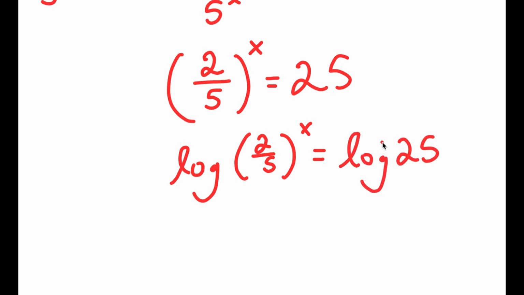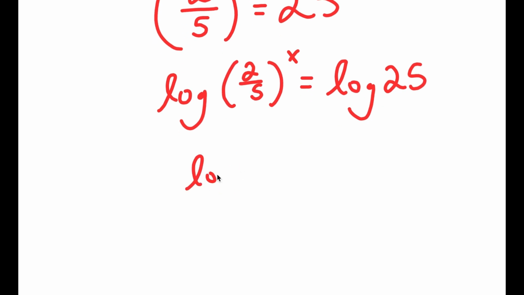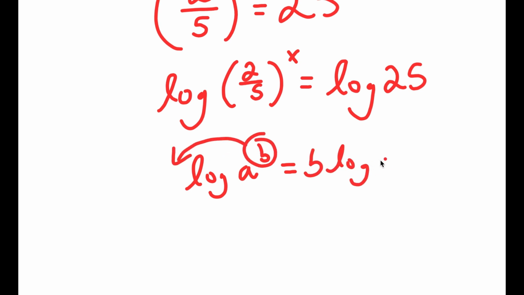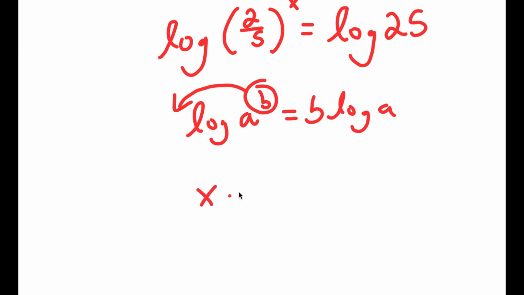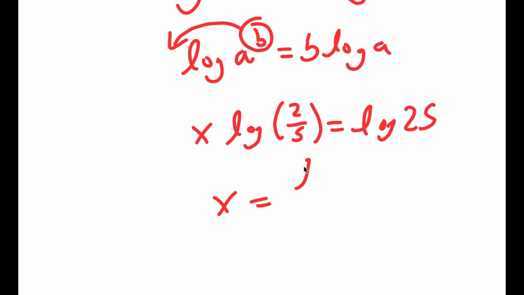And the reason I did this is because I can use the property that states that if I have something in form log a to the power of b, I can move this exponent b to the front. So it's going to equal b times log a. So in this case, I have x times log 2 over 5 is equal to log 25, meaning x is equal to log 25 over log 2 over 5.